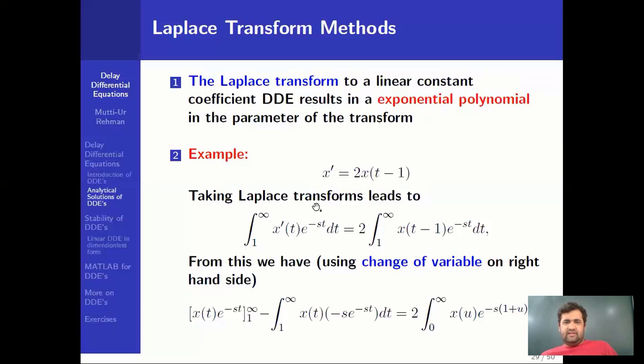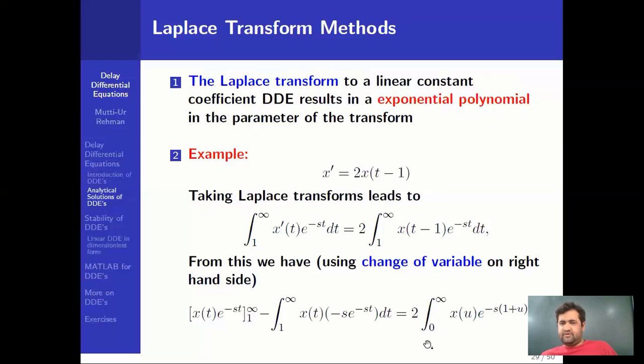If we take the Laplace transform of this delay differential equation, this will lead us to an equation of this particular fashion. And now I make use of a change of variables on the right hand side of this equation. Then I will get an equation of this fashion.